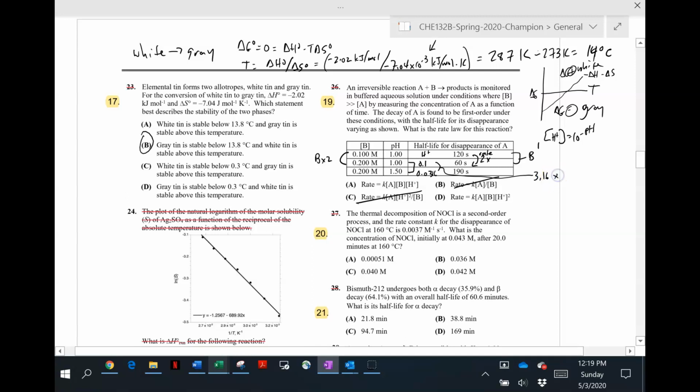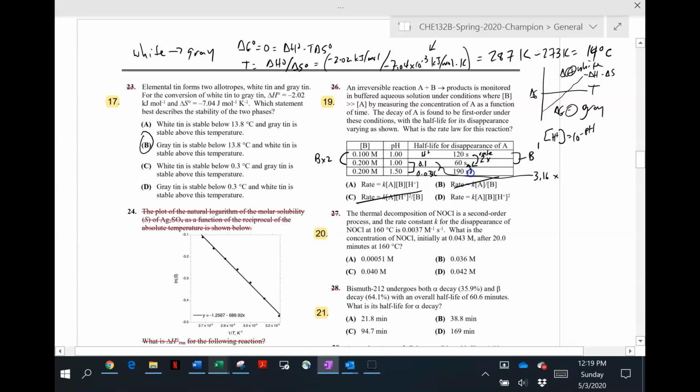Okay, and the half-life went from 60 to 190. So if I take 190 and take the inverse of that, let's see, this actually represents this change here.